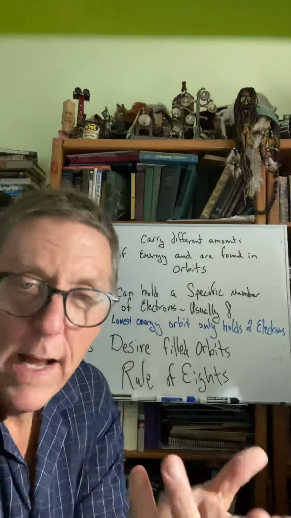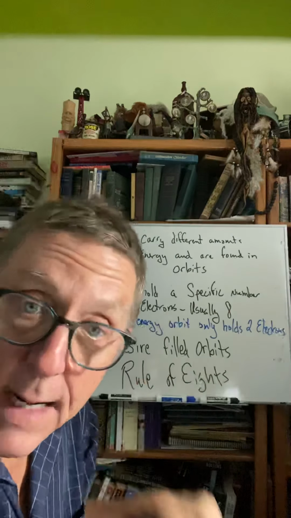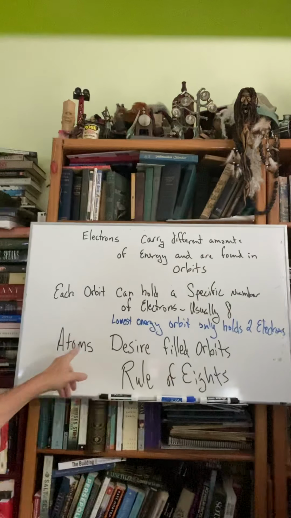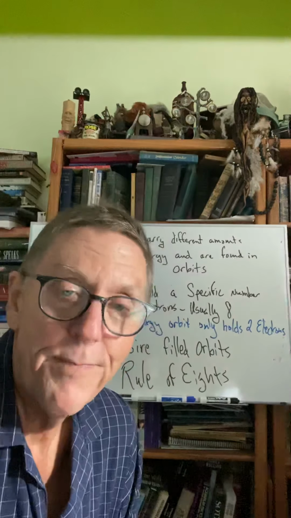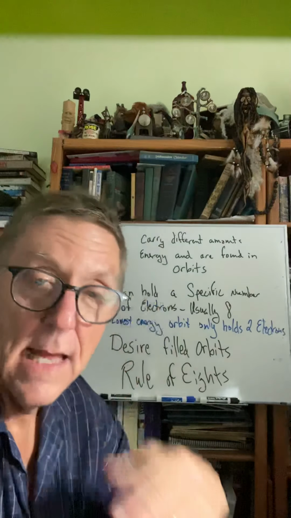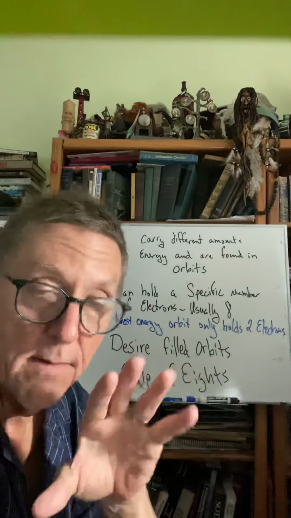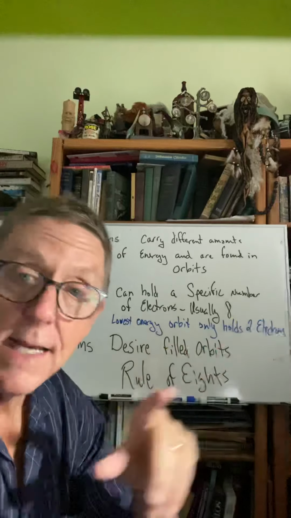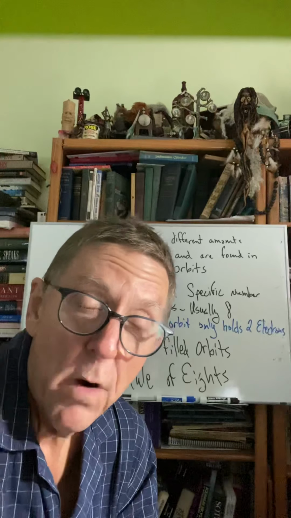Now, so what, right? You're thinking right now, I don't care. Well, the atom does. Atoms have desires. No. They gain stability. And stability is something that atoms interacting with each other will work towards.